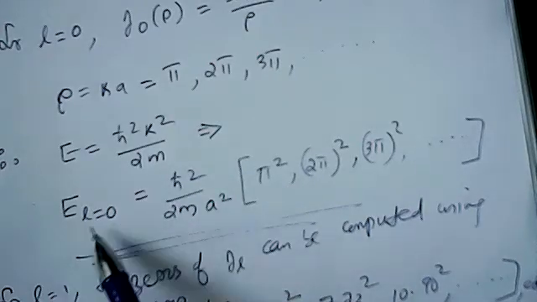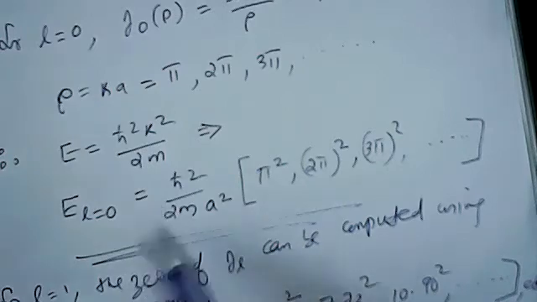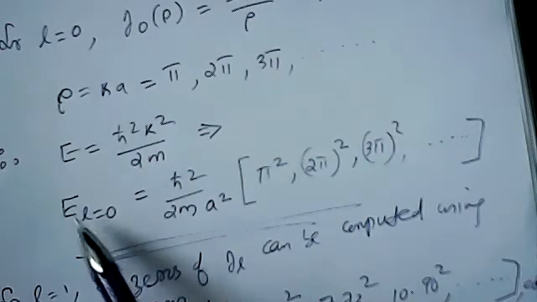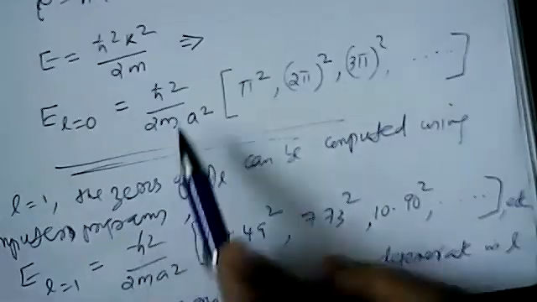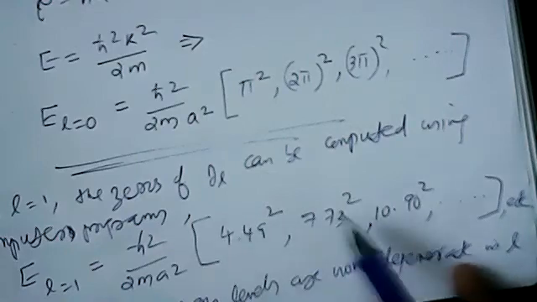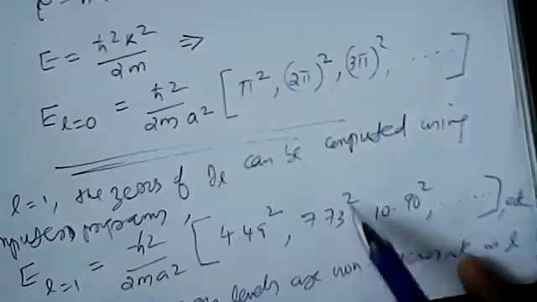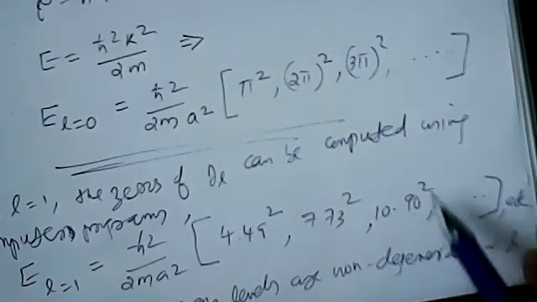Now similarly you can find l equal to 1. But that is not easy. You have to take help from the computer, which can calculate the j_l values corresponding to the zeros. So if you find E at l equal to 1, you get the same h cross square by 2m a square, but these values are different: 4.49 square, 7.73 square, 10.9 square, like that.